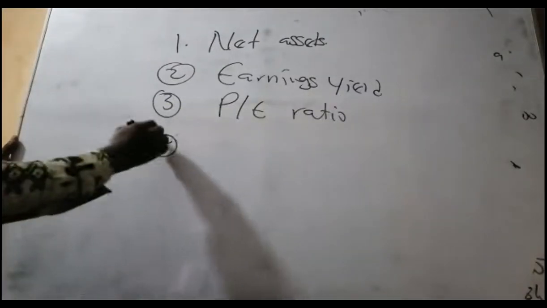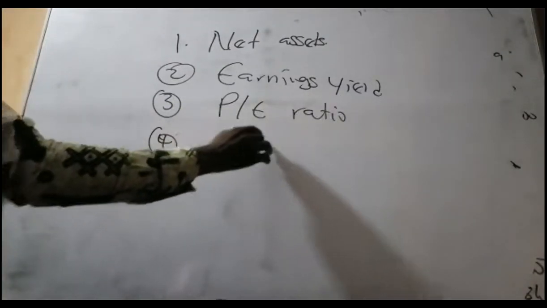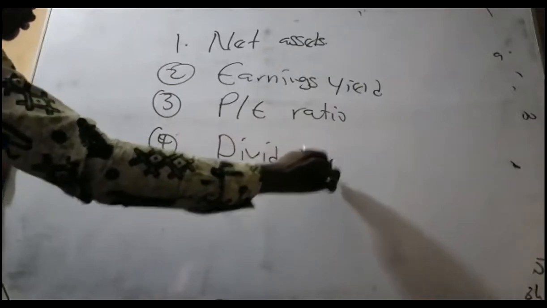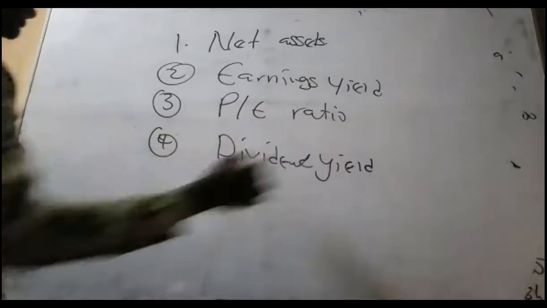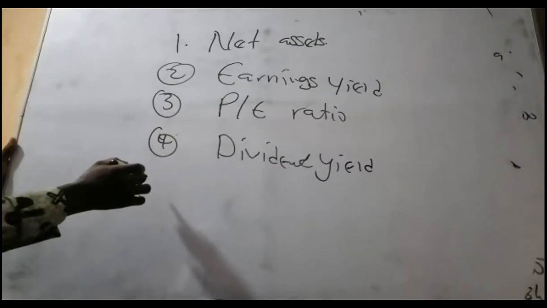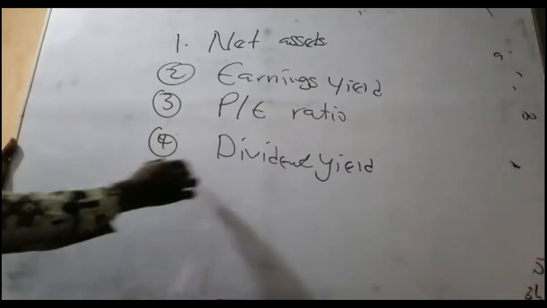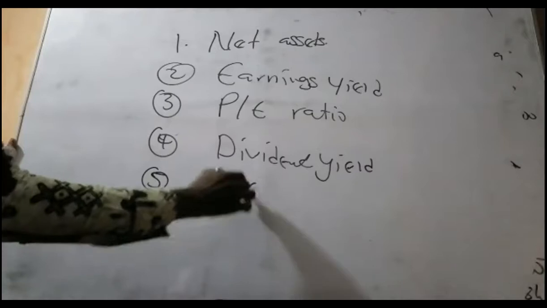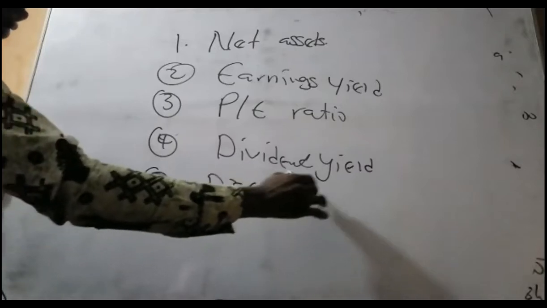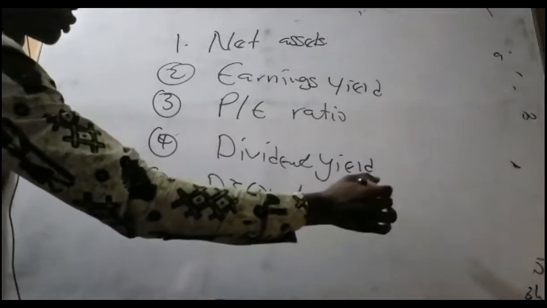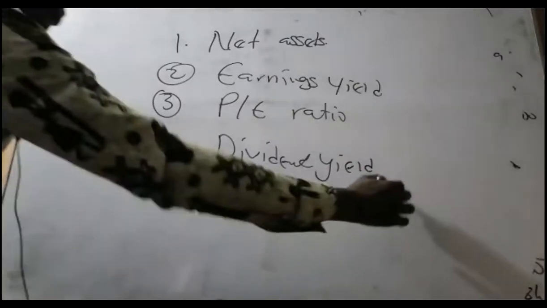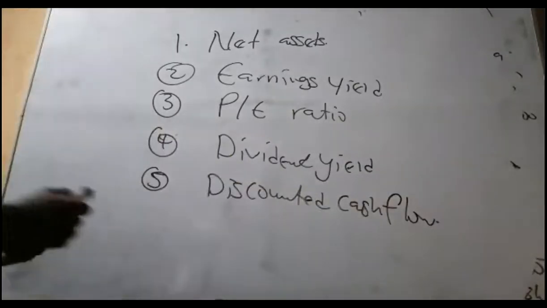The fourth one, dividend yield. The next one will be number 5, discounted cash flow techniques. Discounted cash flow. Any of these three.